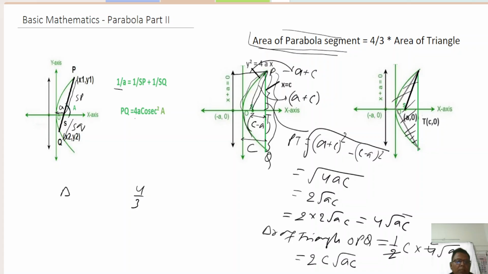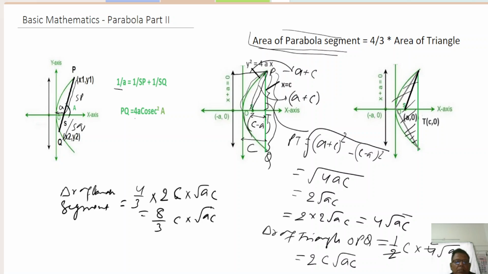So the area of the parabola segment is equal to 4 by 3 into the area of the triangle, 4 by 3 into 2 c root ac. So 8 by 3 c into root ac.